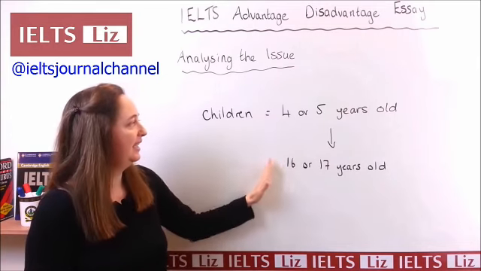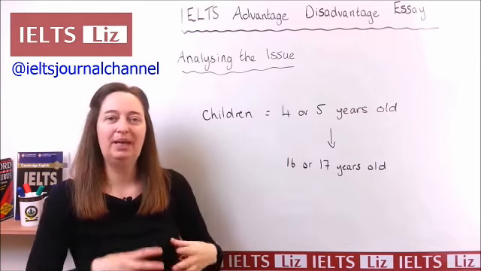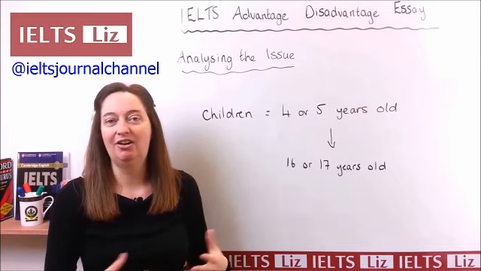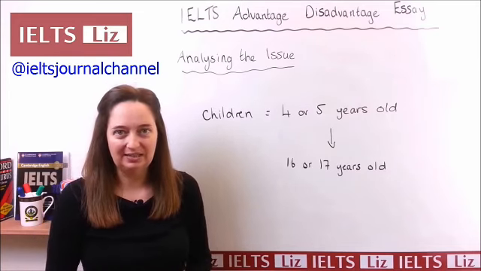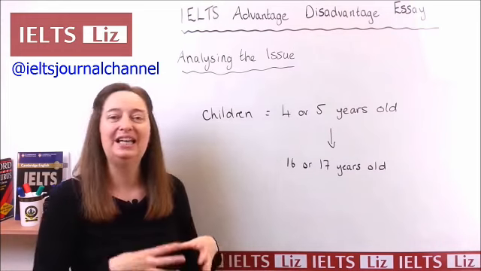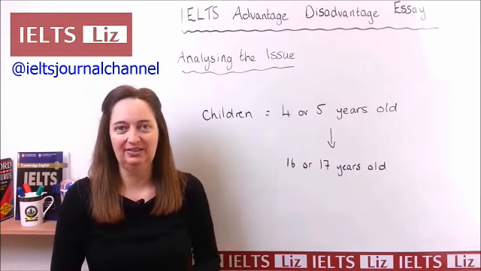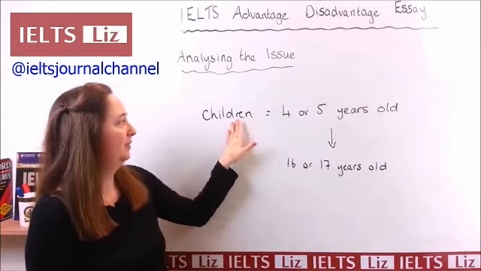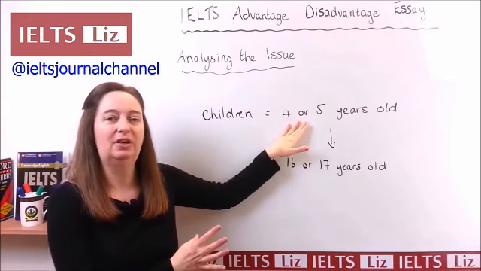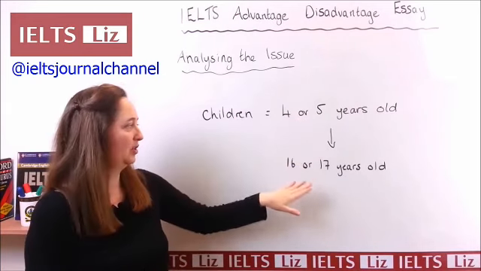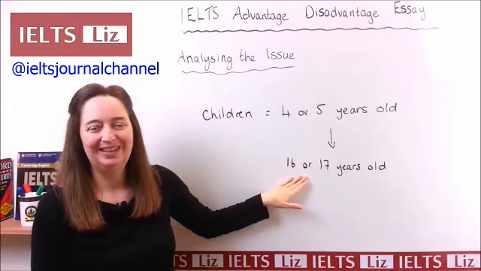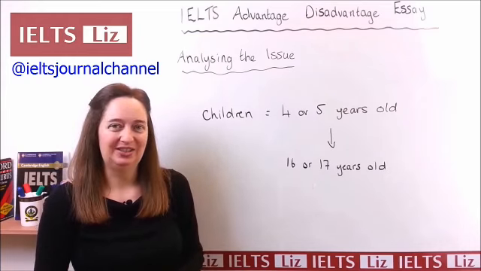So you can see that the age of the child has a big impact on the ideas and the information that we present. So again, if you have an essay question in IELTS that talks about young children, then we're going to use different ideas than if the essay question was about older children. So always pay attention to that.